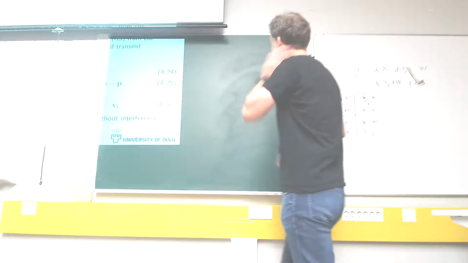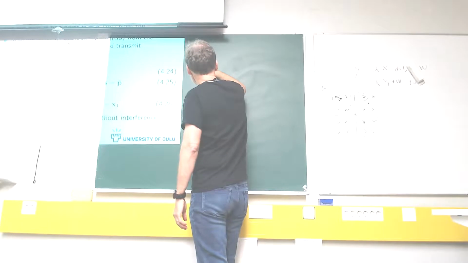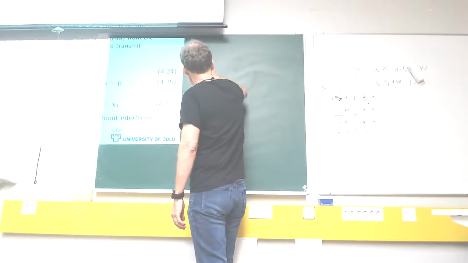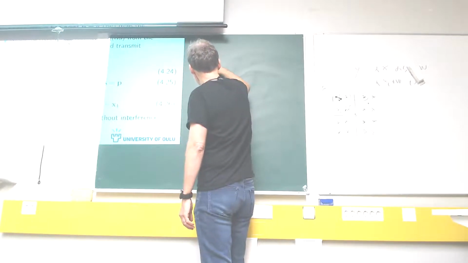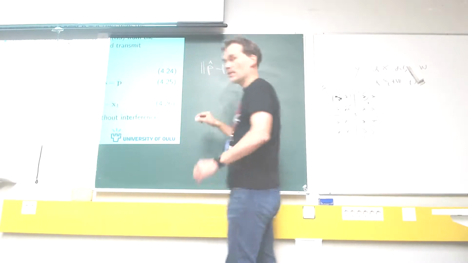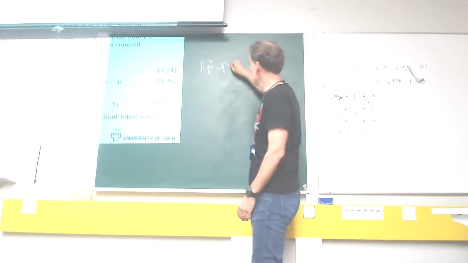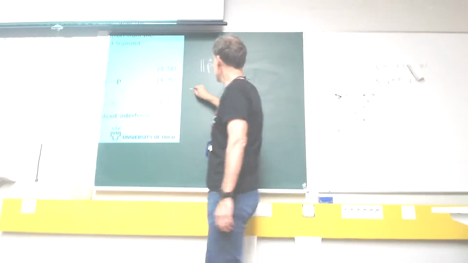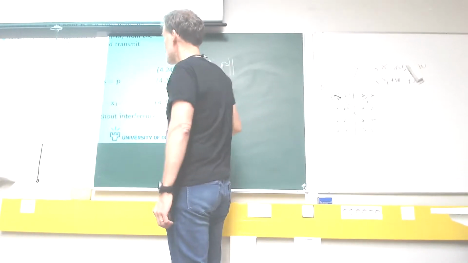All right. So now if we look at, let's say, the mean square error between the estimate of P and the actual transmitted P, is this better? Yes, it's much better. Now we can start plugging in those expressions.